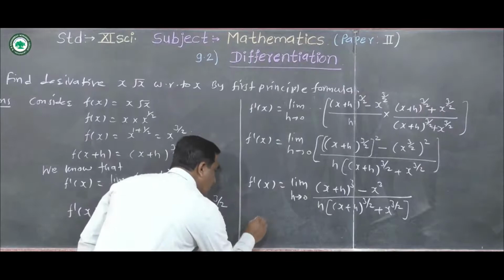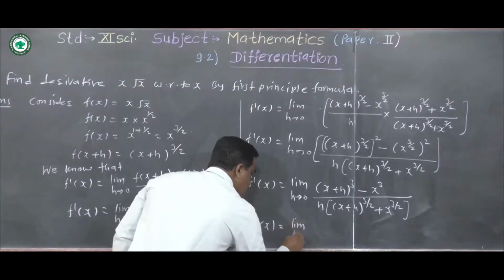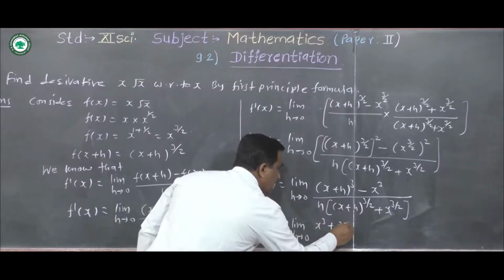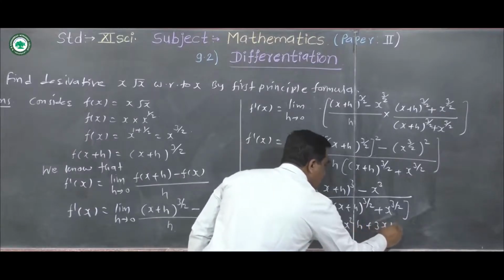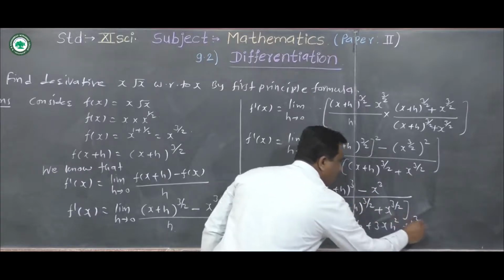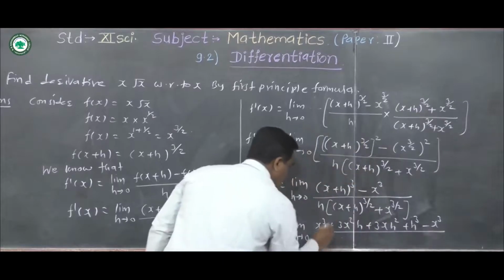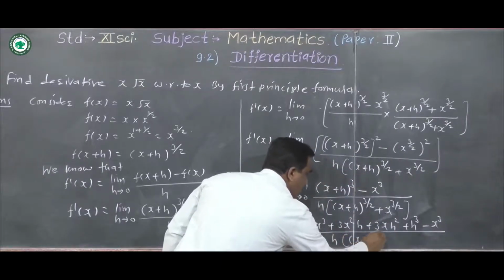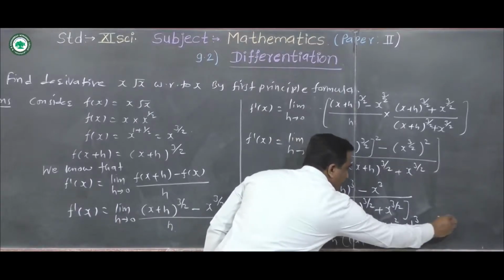Using this formula we can write here f dash of x is equal to limit h tends to 0, x cube plus 3x square h plus 3x h square plus h cube minus this term x cube as it is, upon this term as it is, h into ((x plus h) raised to 3 by 2 plus x raised to 3 by 2).